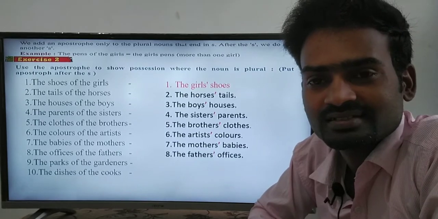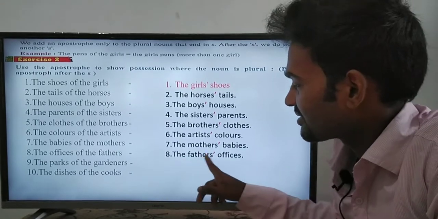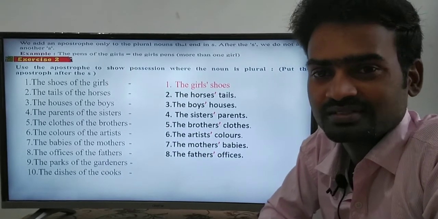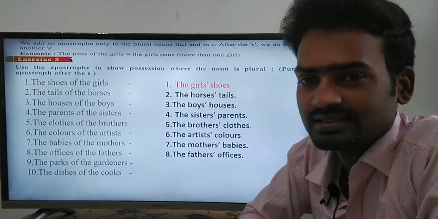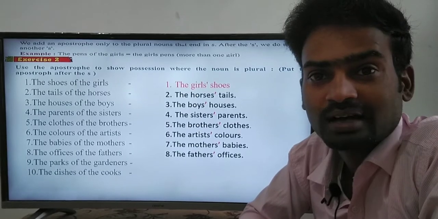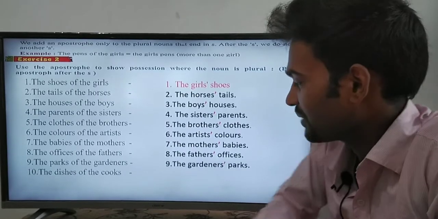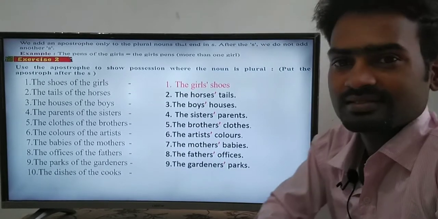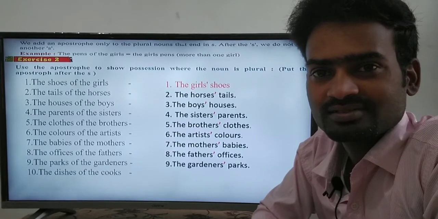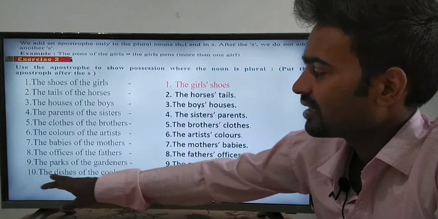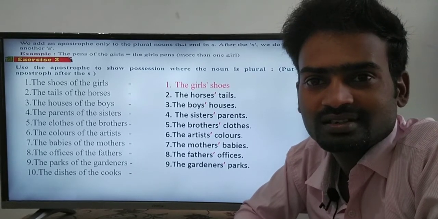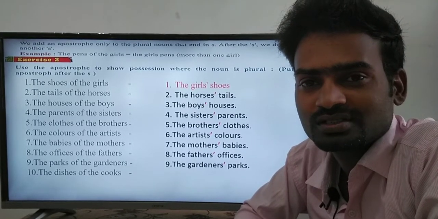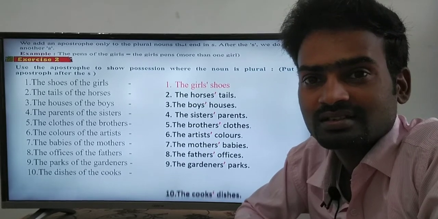Fathers' offices, right? Ask the question. And the ninth one, the parks of the gardeners. Whose parks? The gardeners' parks. Right? Simple. And the last one, the dishes of the cooks. Whose dishes? Ask the question. The cooks' dishes.